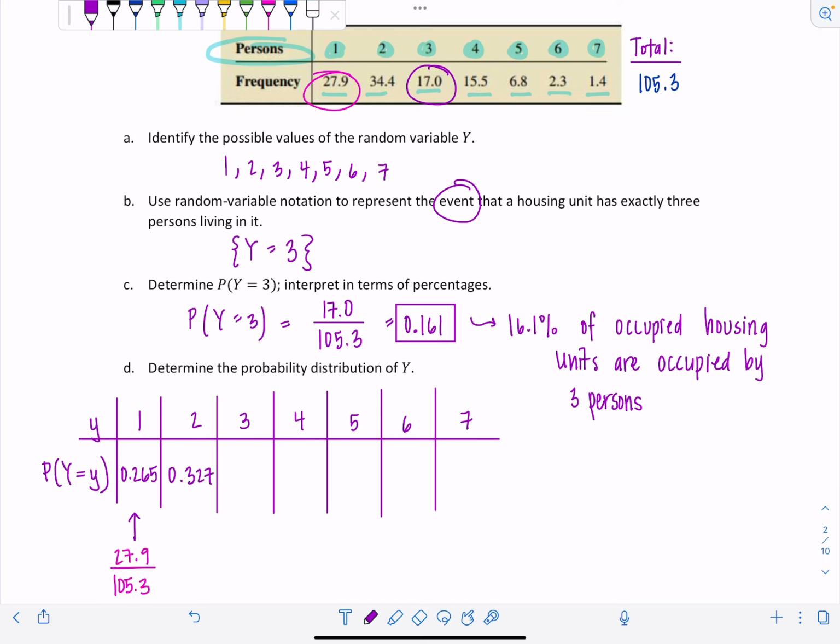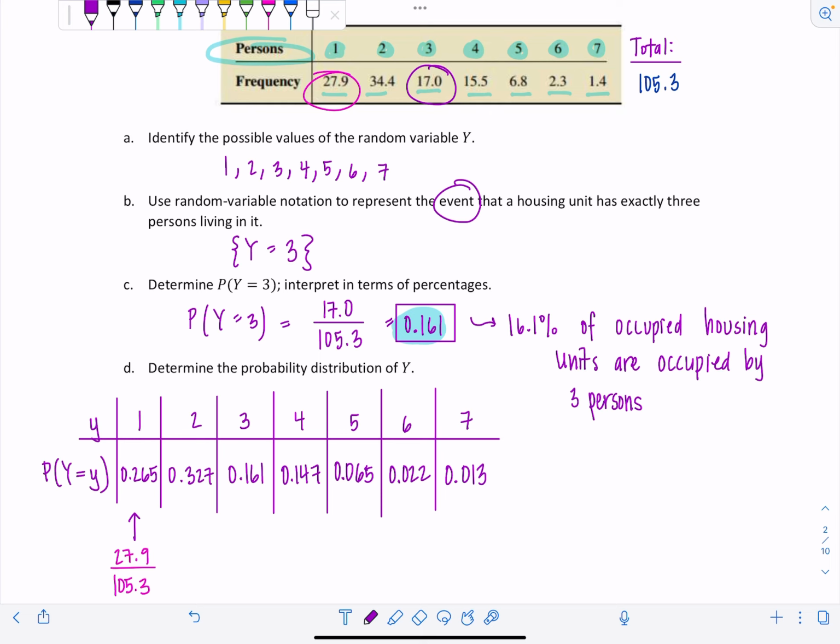We already had from the previous part the probability that y equals 3, so that's 0.161. For 4, we take 15.5 divided by 105.3. That's 0.147. 6.8 divided by 105.3 should be 0.065. And then 2.3 divided by 105.3 is 0.022. Last one, you should have 0.013.